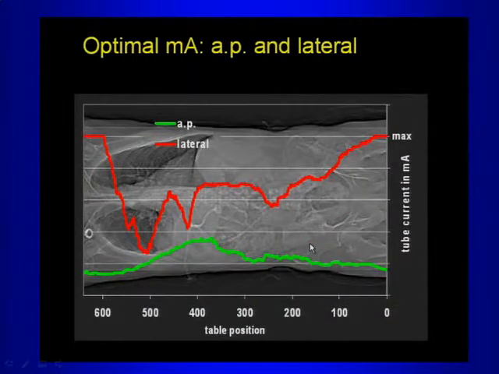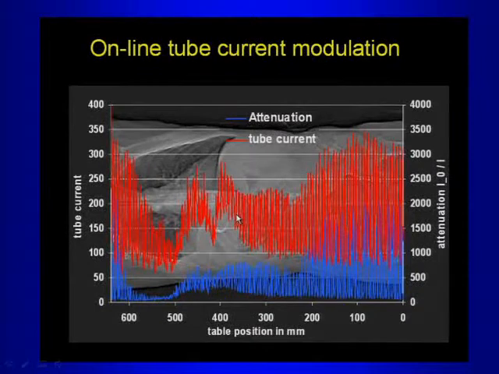Then, based upon the modulation strength and the reference mAs provided by the user, which prescribes a certain desired image quality, the scanner will calculate the optimal mA along the AP direction and lateral direction for each slice location. And then during the scan, the software will utilize the information provided by the prior 180-degree acquisition to fine-tune the tube current modulation.